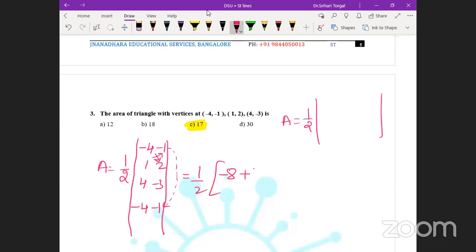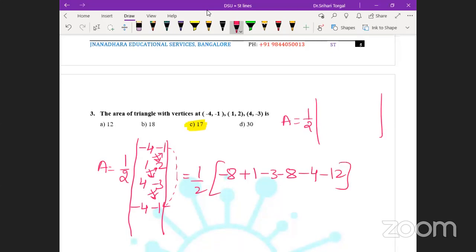It is plus 1. When it is downwards, write as it is. When it is upwards, multiply and change the sign. 1 into minus 1 is minus 1. Change the sign, you will get plus 1. And 1 into minus 3, minus 3. And 4 twos are 8. Minus 8. Minus 4 and minus 12.